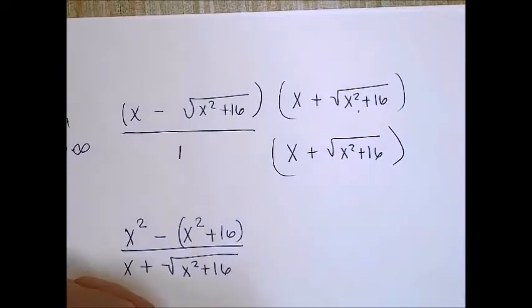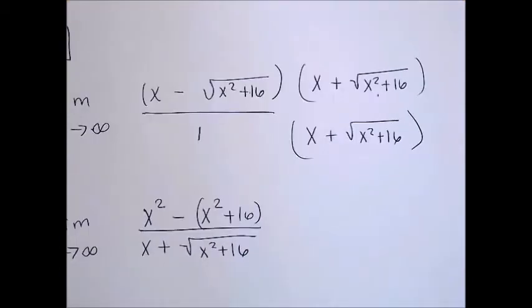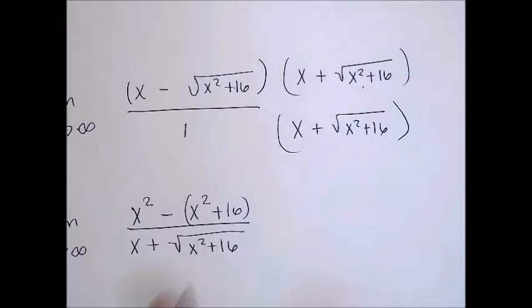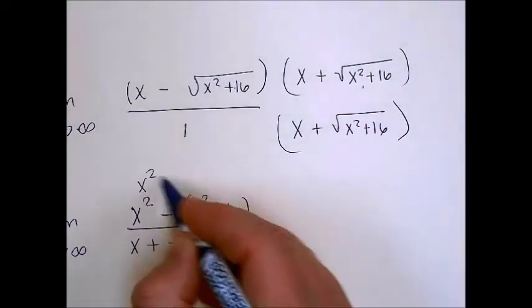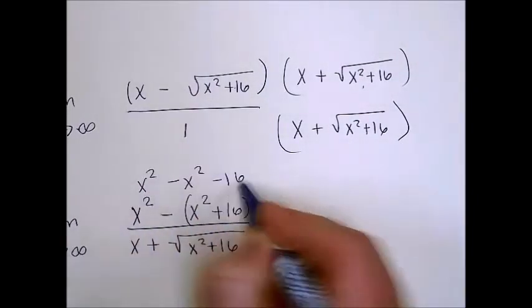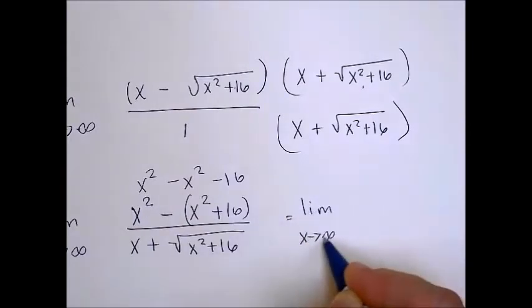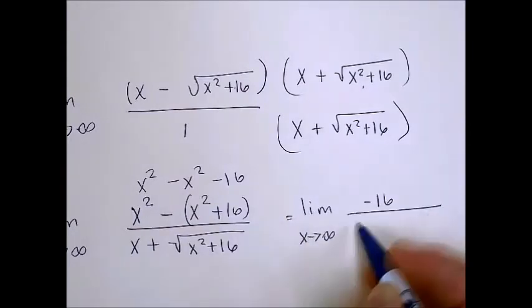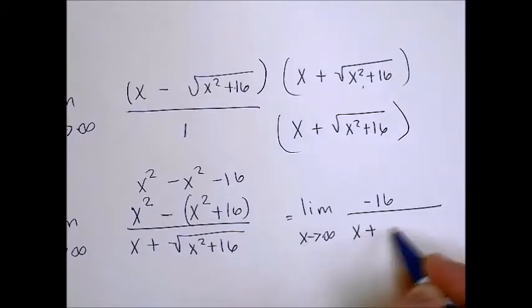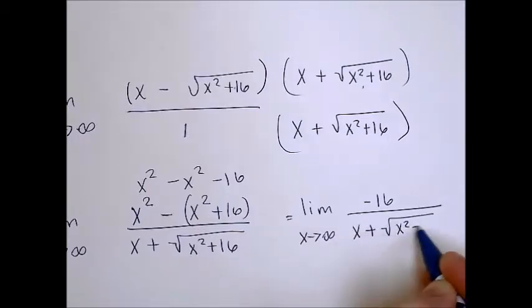And we are finding the limit as x approaches infinity. Well, I'm going to do a little work on the numerator. I'm going to distribute, and that's really going to say x squared minus 16. So this is really the limit as x approaches infinity of negative 16 over x plus the square root of x squared plus 16.